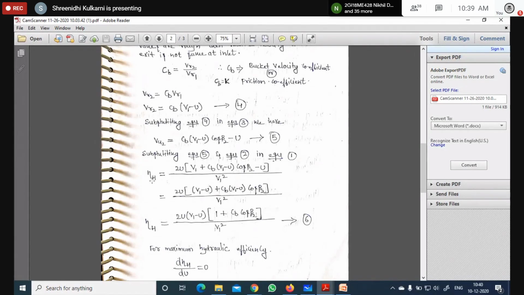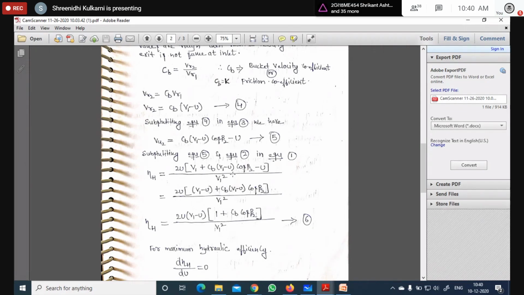So the hydraulic efficiency is given by 2U into (VU1 plus VU2), where VU1 is V1 and VU2 is CB into (V1 minus U) into cos beta 2 minus U, divided by V1 square.